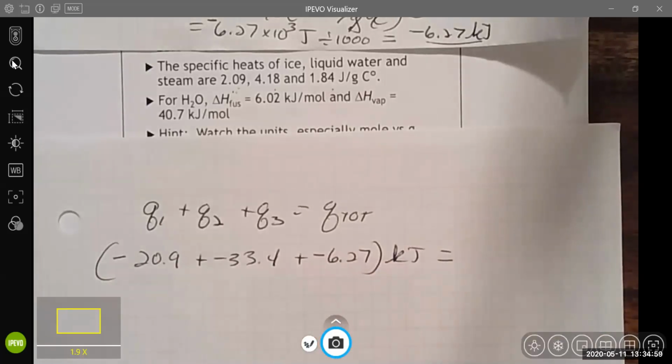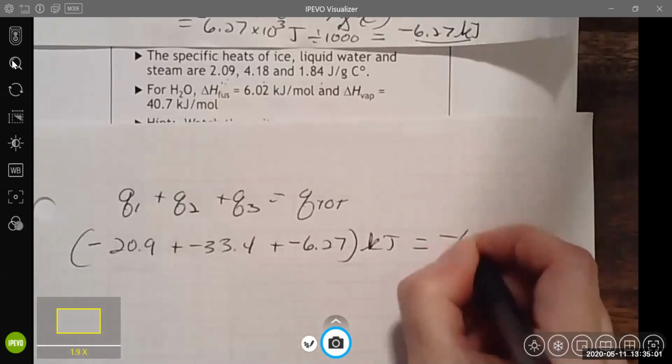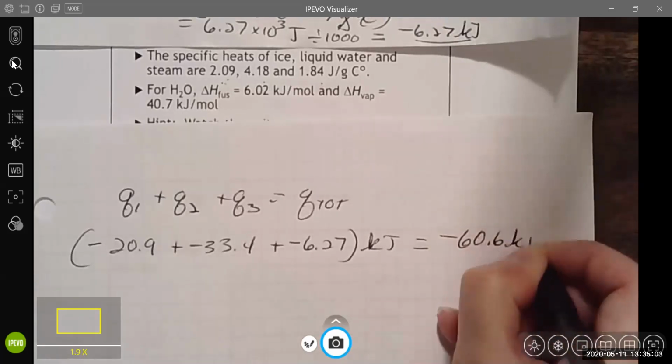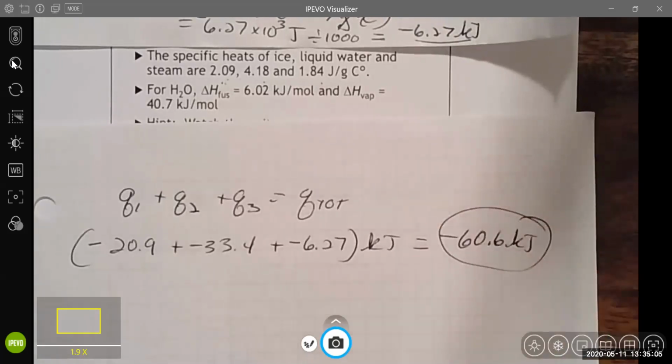And that comes out to -60.6 kilojoules. So that tells us that if we have 100 grams of liquid water that's warm, pretty hot, 50 degrees Celsius, and we are going to freeze it all the way to ice at -30, we're going to remove 60.6 kilojoules, or it's going to have to lose 60.6 kilojoules of heat in order for that to happen.